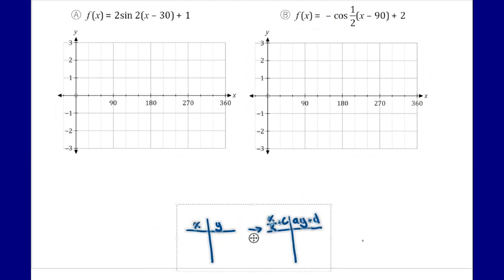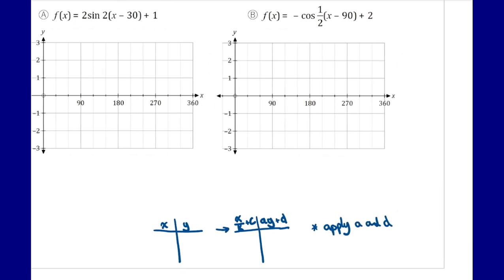I'm just going to write it down a little bit smaller. Essentially we apply the a and d values to the y value, and we apply the k and c values to the x value.